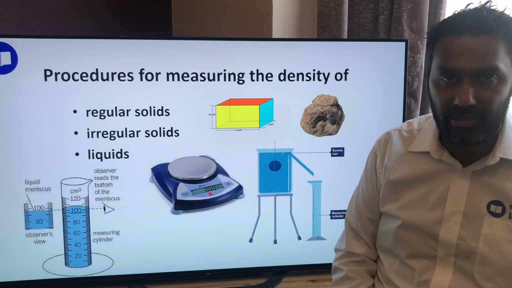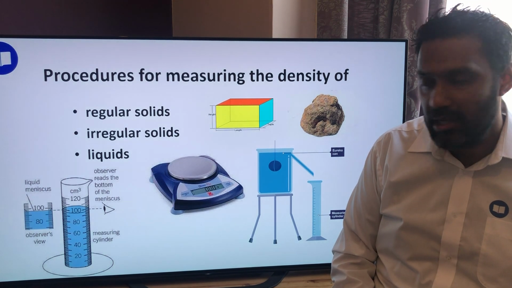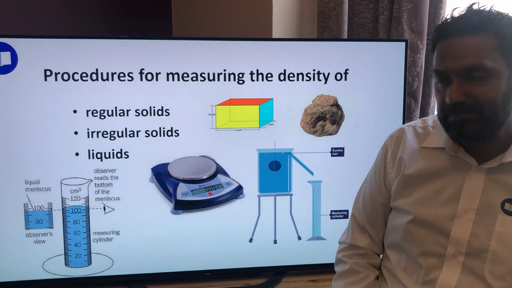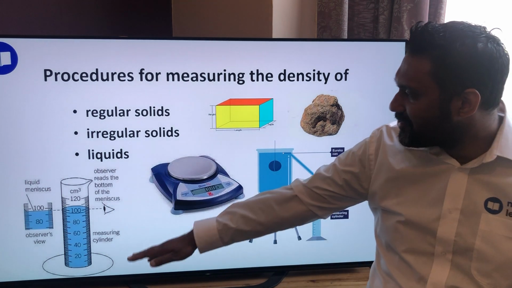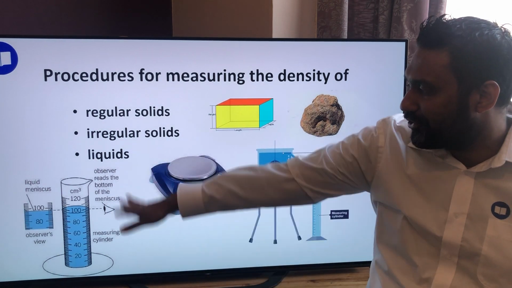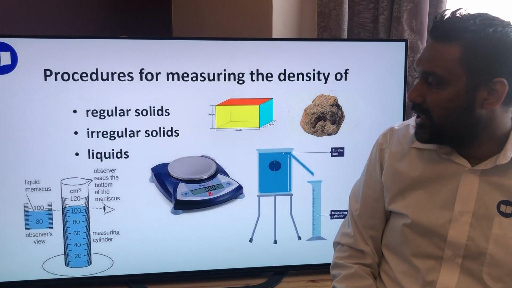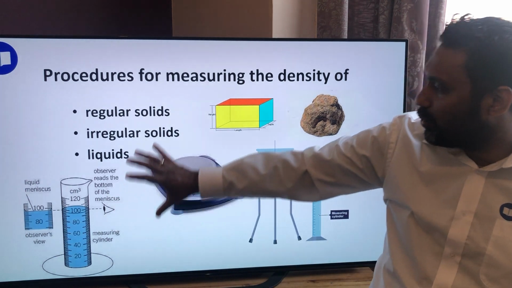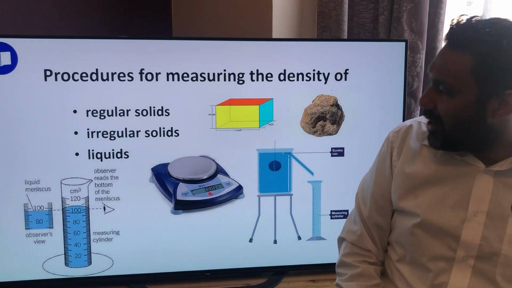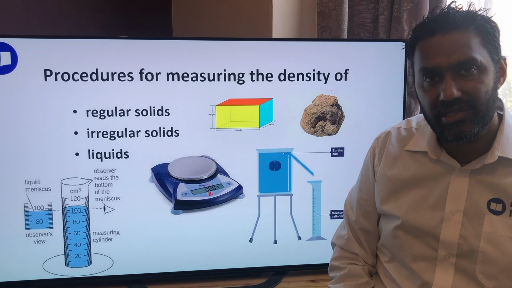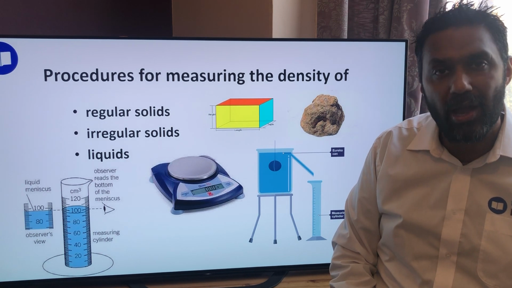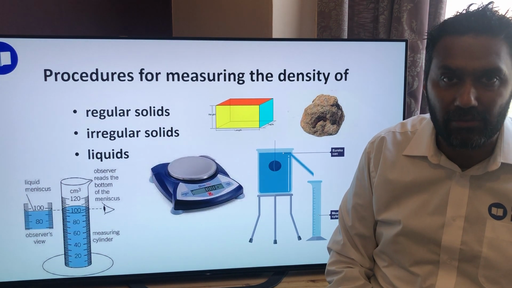It's not the number, but let's just give you an easy number, 10 grams. So let's say you have 10 grams on there. Then you fill up your measuring cylinder with the volume you want, let's say 100 centimetres cubed of liquid. Now, if I go and put that water on that top pan balance, it might weigh 110 grams now.